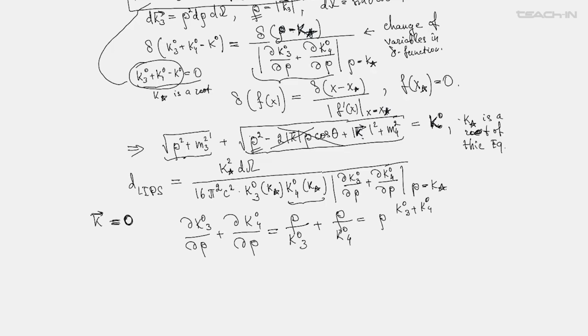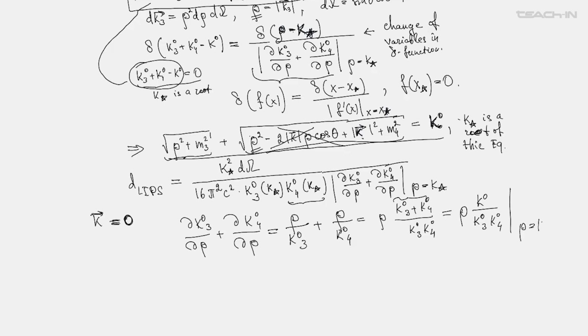Then k03 plus k04 is k0, because of this conservation law. And this you need to compute in the substitution rho is equal to k star.